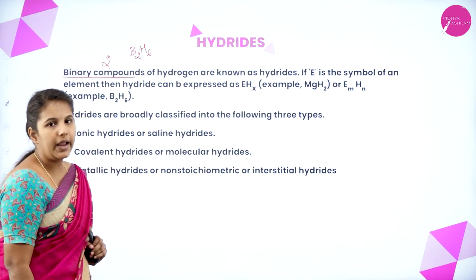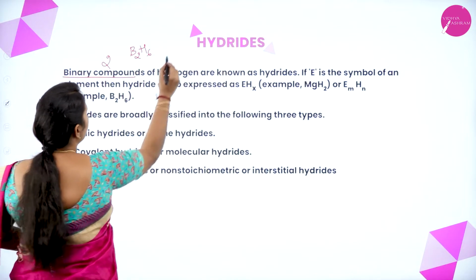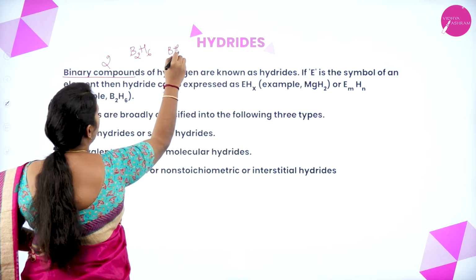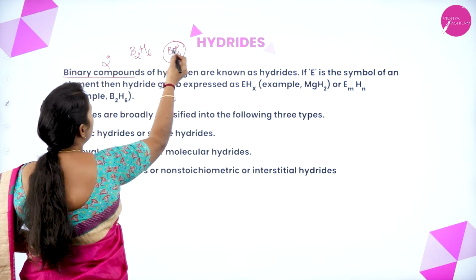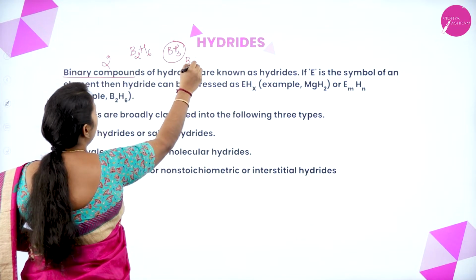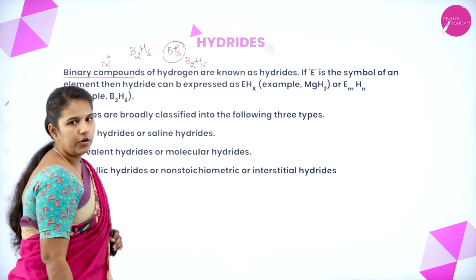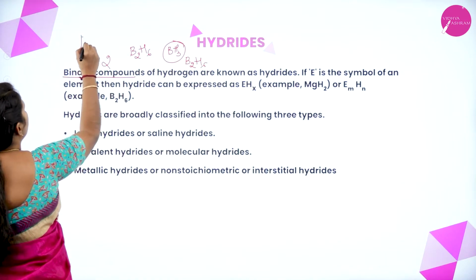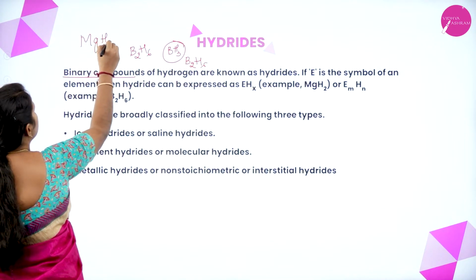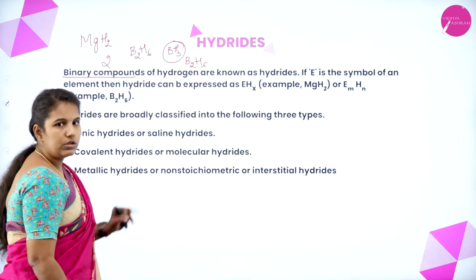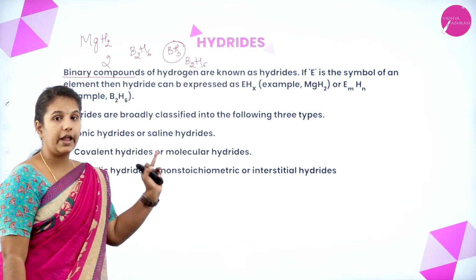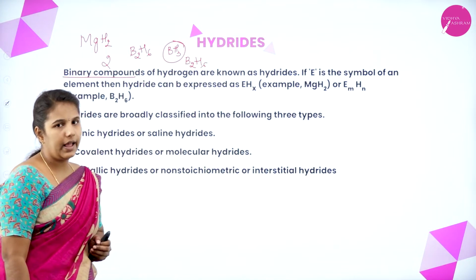Which is a binary product. Generally, we write this as BH3, but if it is a binary product, we write it as B2H6. Similarly, you can take one more example, magnesium hydride, which is a binary form of hydrogen, which is said to be a hydride.